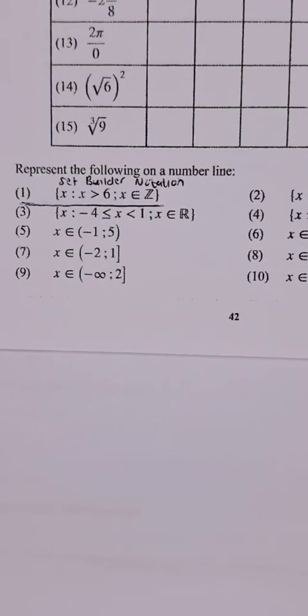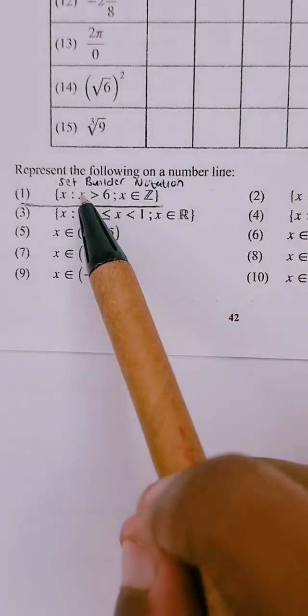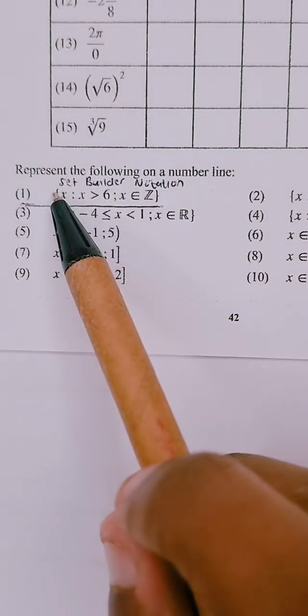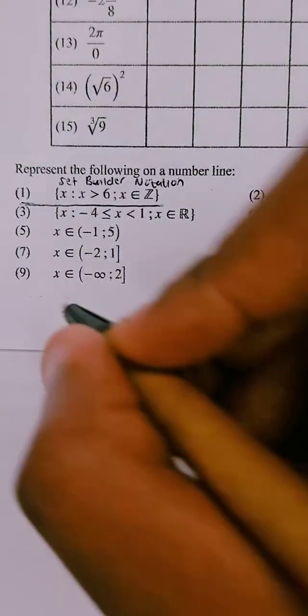Percy says yes, unequivocally. I'm glad. I expect everyone in this live lesson to be able to represent answers on a number line if you are given something in set builder notation.